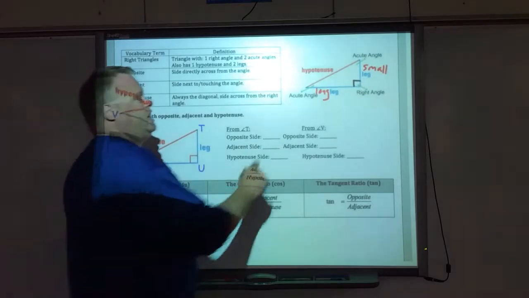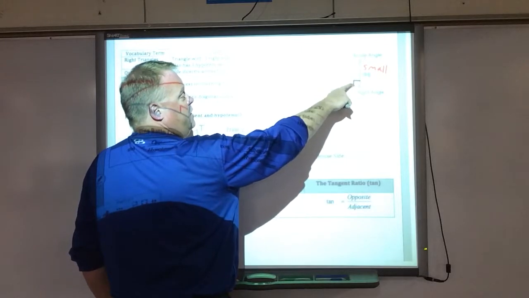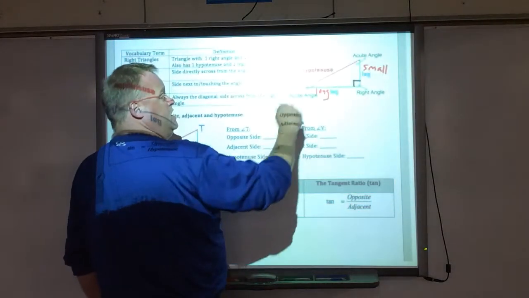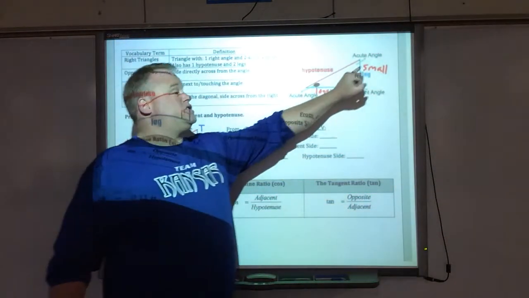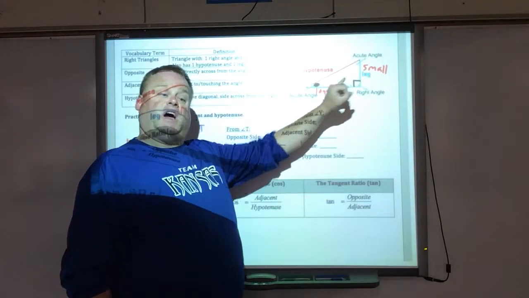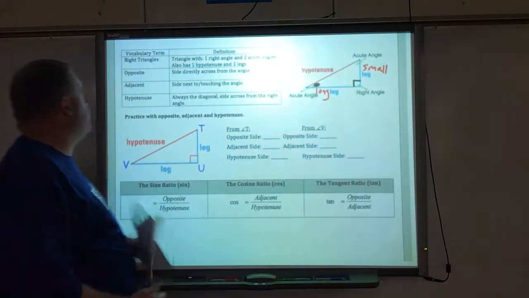So the side directly across from the right angle is the hypotenuse. If I was talking about this angle right here, this small leg is the side opposite of this angle that I just drew the black circle in for.